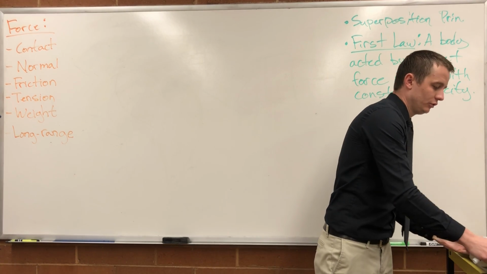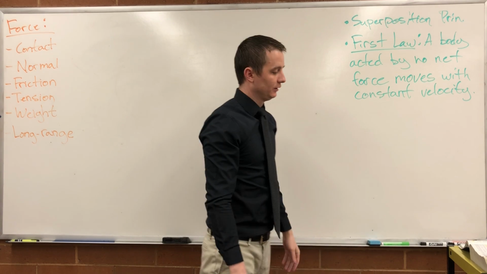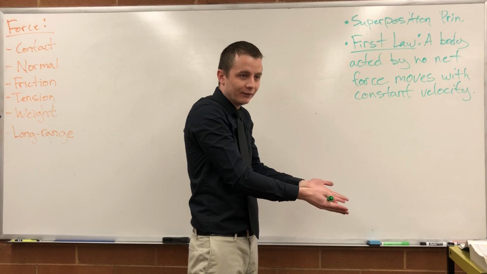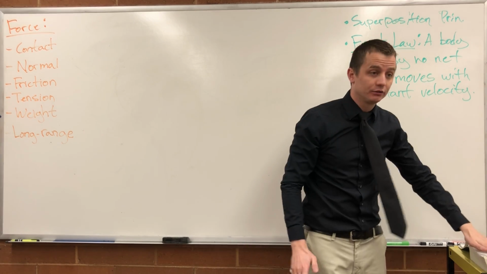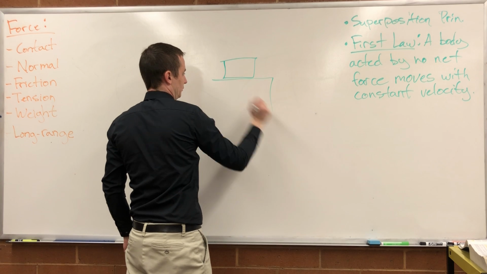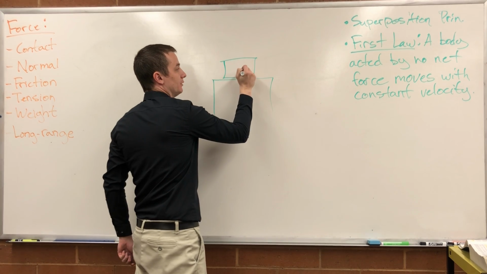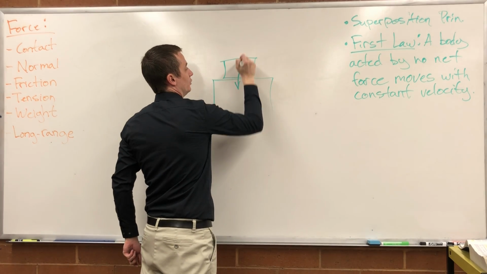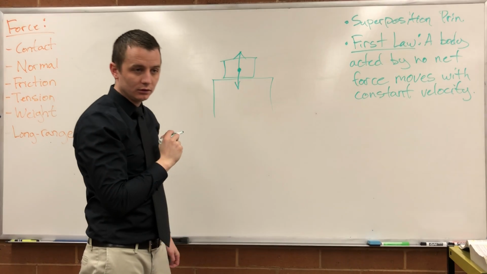Here's another example. Look at this book. It's sitting there, and it's just going to sit there and not move until some net force acts on it. Now, force is acting on this book. If we draw the book, here's a book, and it's on some table. It has its weight down, and it also has a normal force pushing up on it.